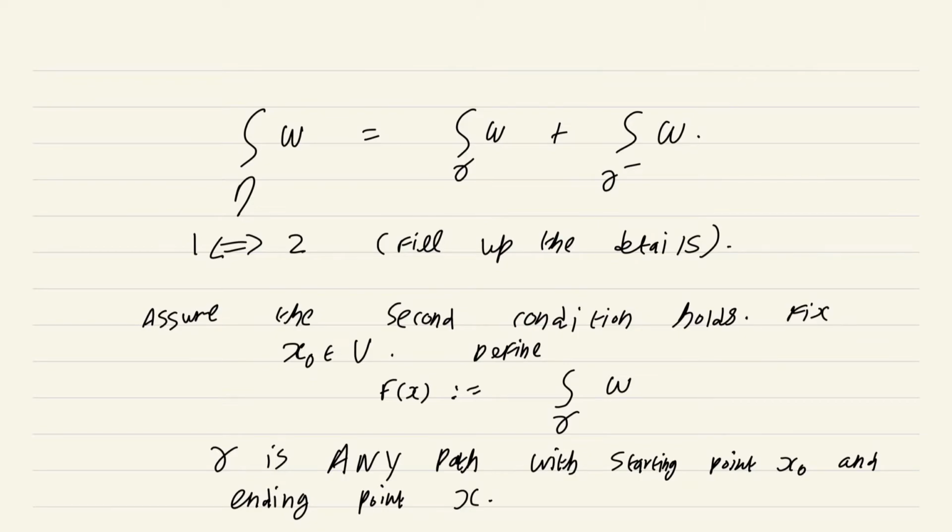This is well defined because we are assuming that there is independence of path. Regardless of the path, the value of the integral that you get is exactly the same, provided the endpoints coincide. That's the assumption in condition 2.